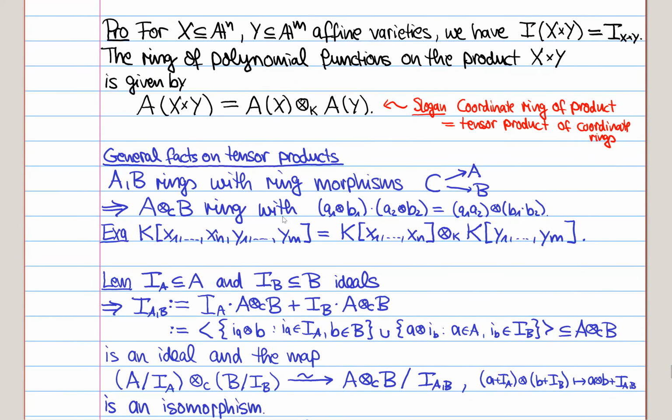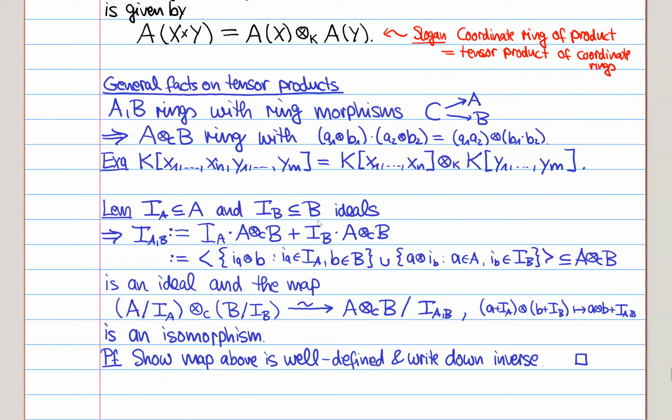So here the setup is: inside A, let us be given some ideal I_A. Inside B, we have some ideal I_B, and then we define I(A,B) exactly as in the construction above. You take the ideal in A and multiply by arbitrary elements of the tensor product and the ideal in B.